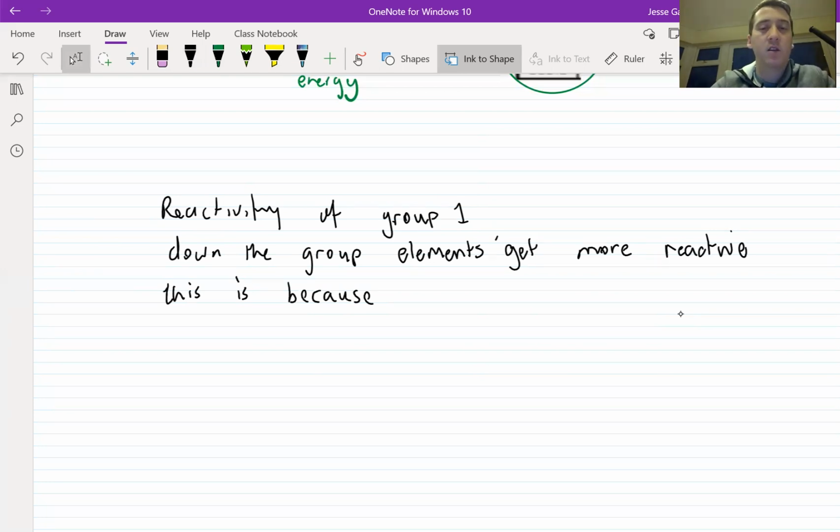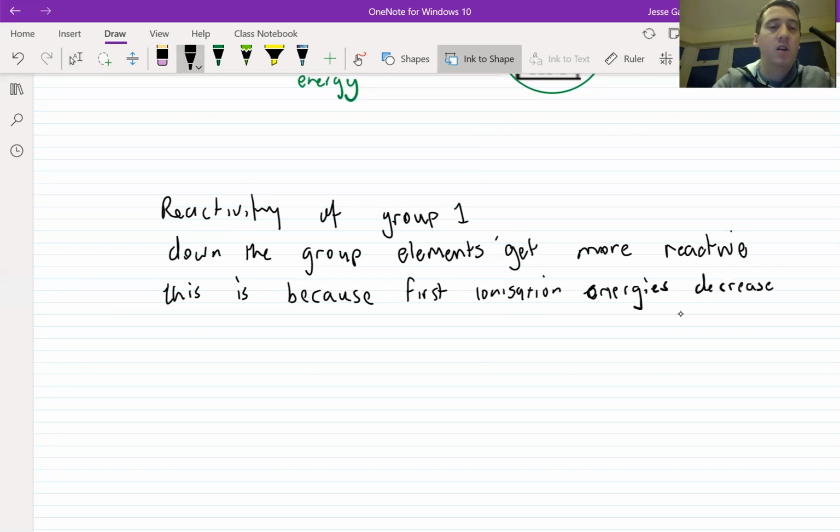This is because first ionization energies decrease, so they get smaller, so it's easier for these atoms to lose an electron.